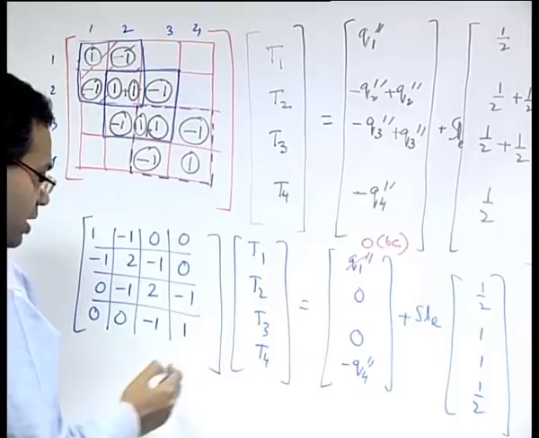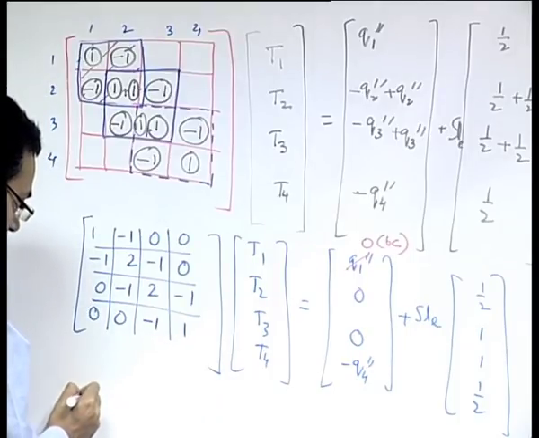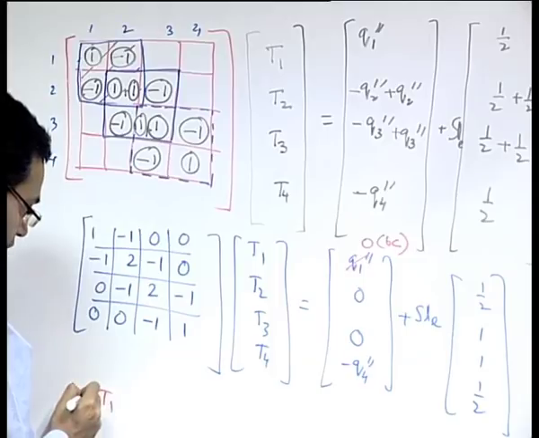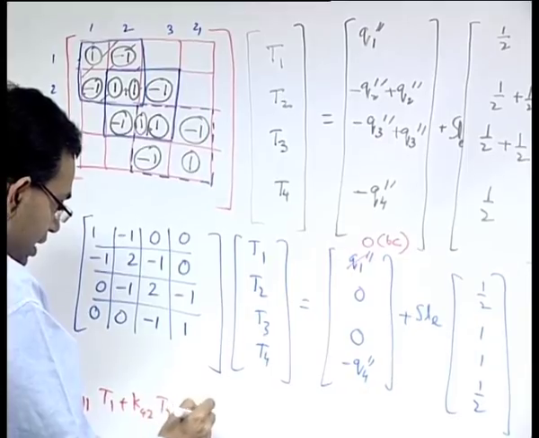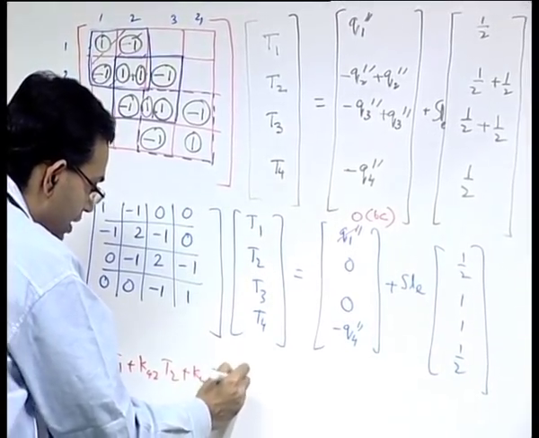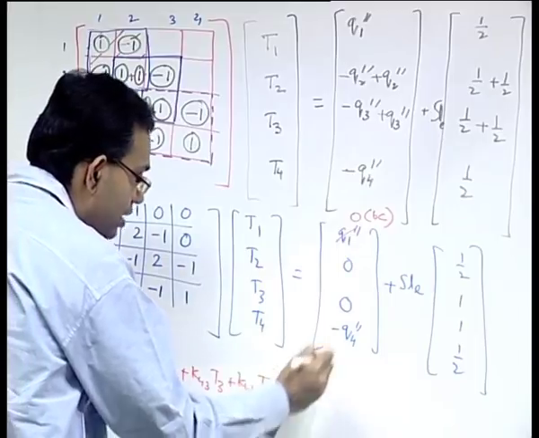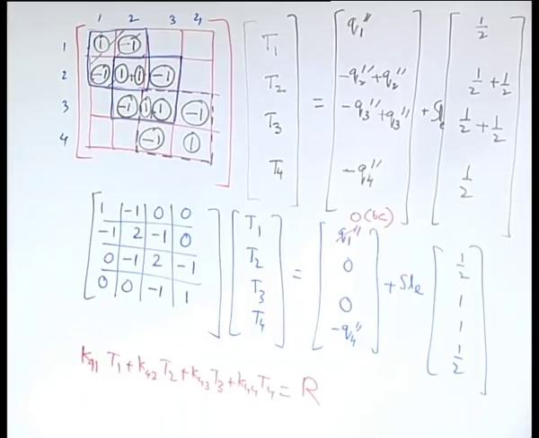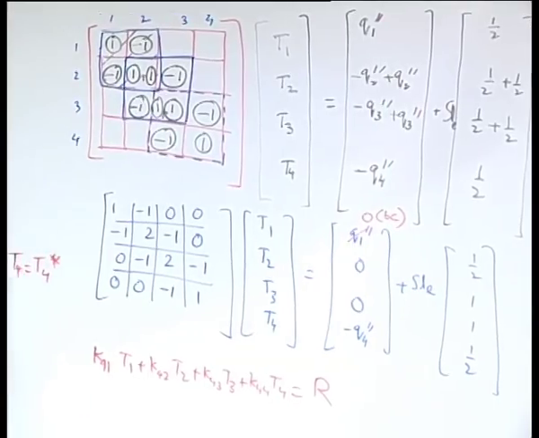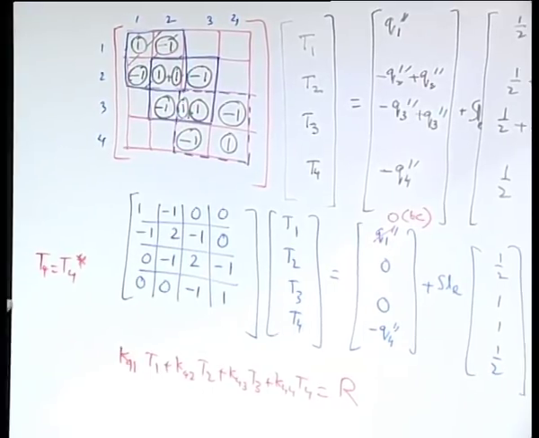So the final equation for T4 is like this: K41 T1 plus K42 T2 plus K43 T3 plus K44 T4 is equal to some right hand side R. And let us say the value of the T4 is specified as T4 star. So we will play a small trick with this one.